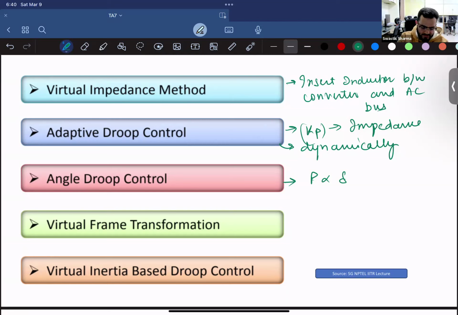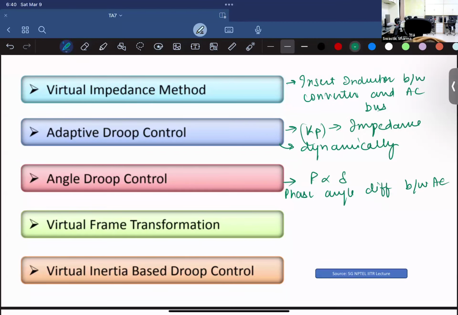But if you use this angle droop control by constantly taking into account the phase angle difference between the AC bus and your voltage source converter, you can effect a droop control. This droop control is better than P-F control because you are not taking that assumption into account. But here you would require communication infrastructure on the converter side as well as the power line side, which is a costly affair.